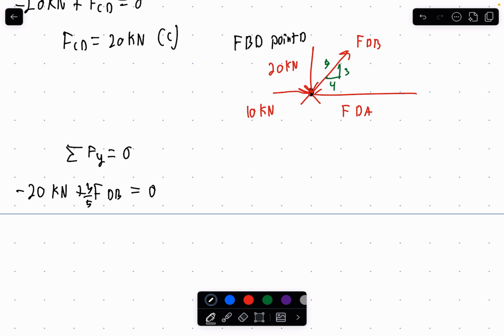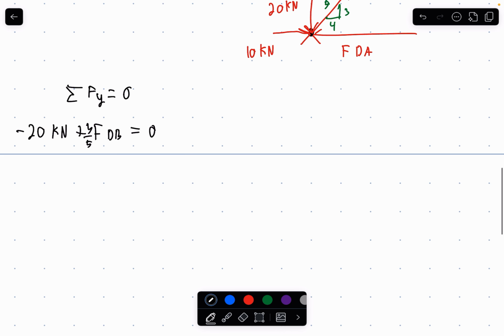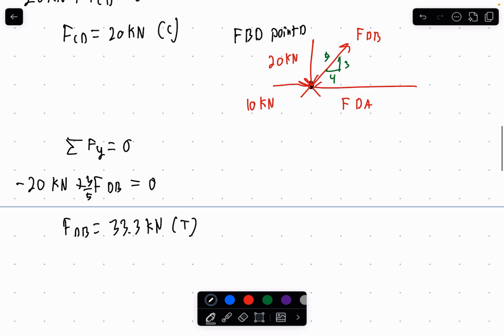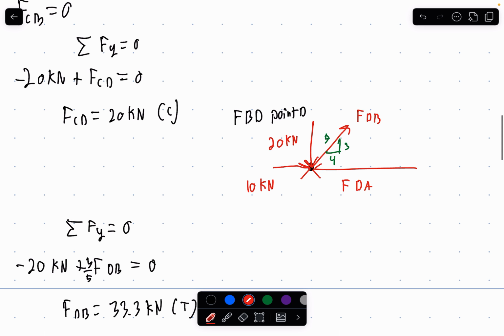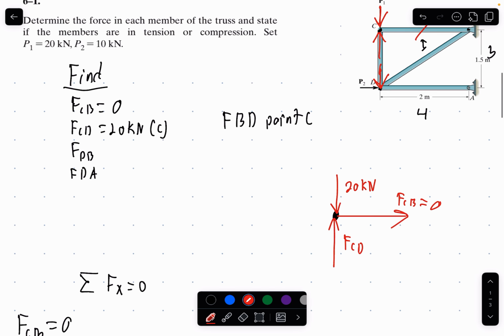That's just going to be the amount that's acting in the y direction versus in the direction of the total resultant force. You should find that F_DB is equal to 33.3 kilonewtons. And that is simply going to be in tension. Okay. As you can see, this arrow right here is pointing away from the point. So it will be in tension.